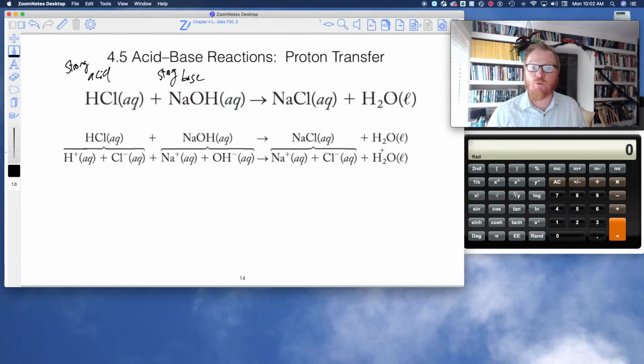So now if we react this acid and base, check out what's going to happen, okay? We can see that there's an Na and a Cl, and they combine to make NaCl aqueous, okay? So what's happening to this H+? Where is it going? Well, as it turns out, it's the hydroxide that's the base, okay?